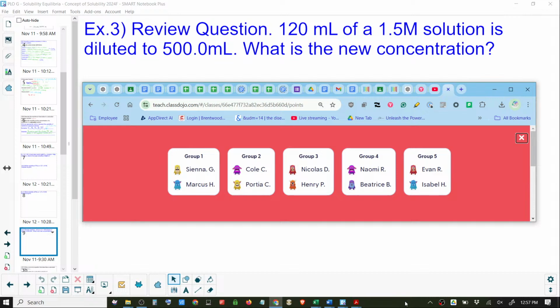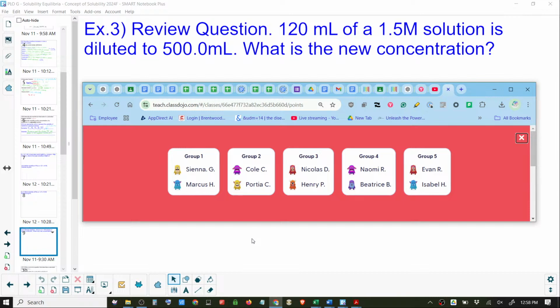And it has a concentration of 1.5. Portia, Naomi, question? Yeah. Hold it. What is the new concentration? Portia. Cole.